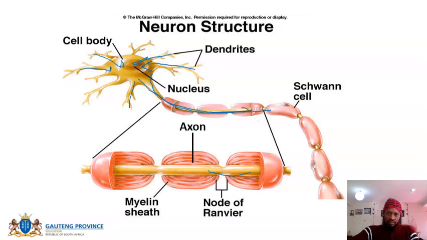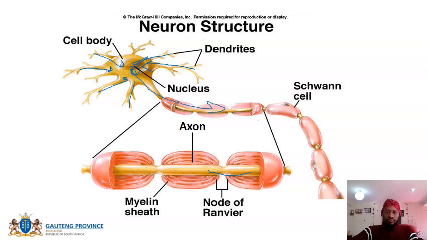Meanwhile, the axon carries impulses away from the cell body. You can see how the axon is taking impulses after all of them have been integrated here. The axon now takes the impulse away from the cell body. That's what it meant.